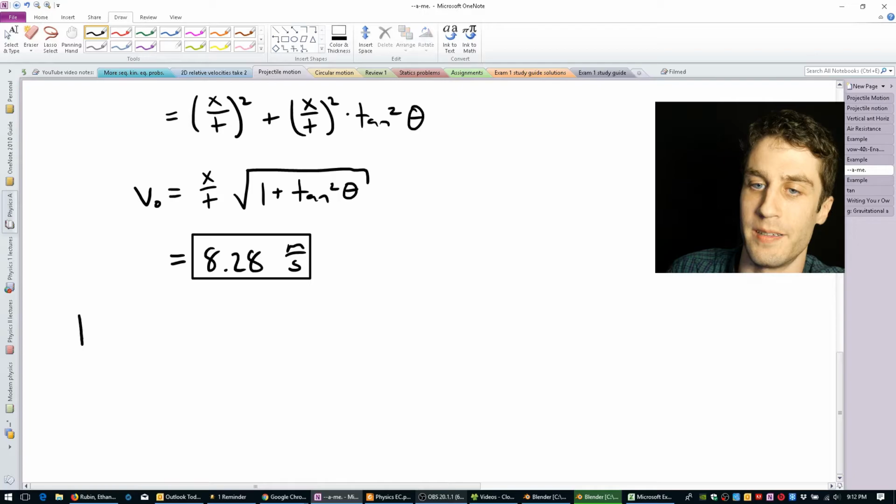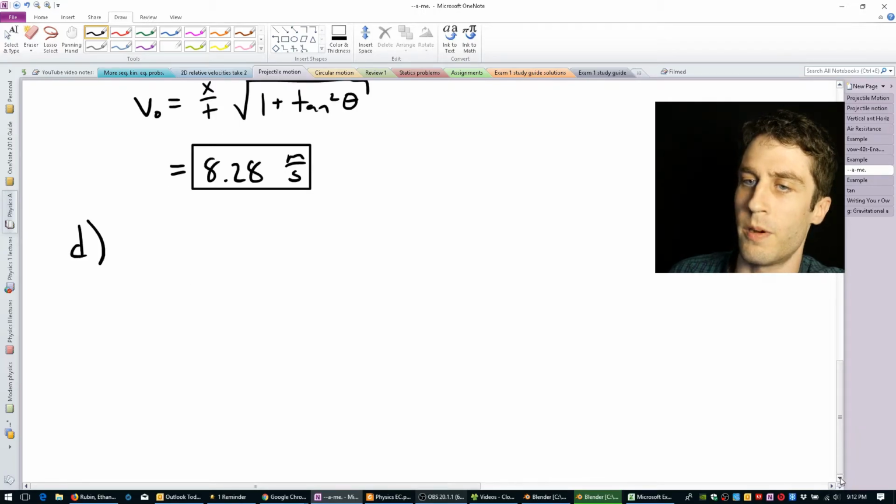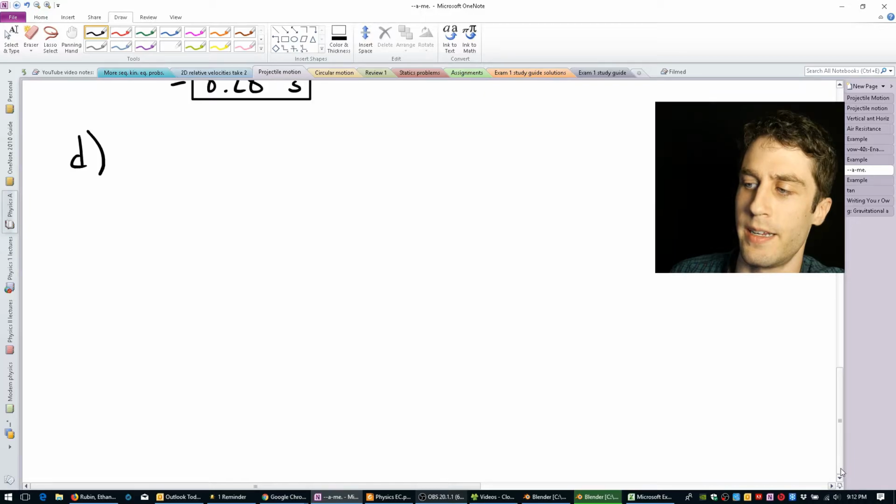Part D. Part D asked how far above you your friend is. So what we have is the initial y value, which is 0. We have the y component of the velocity, that's important. We have time, and we have g.